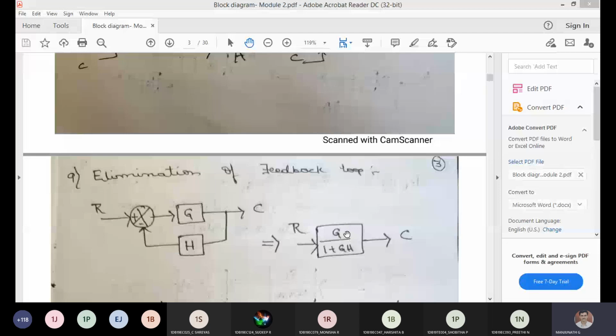You should remember this formula carefully: G divided by 1 plus GH. This is the formula to eliminate this feedback loop. This complete system can be reduced to a single system with the help of this formula G divided by 1 plus GH. G is called the block and H is its response, nothing but the feedback.